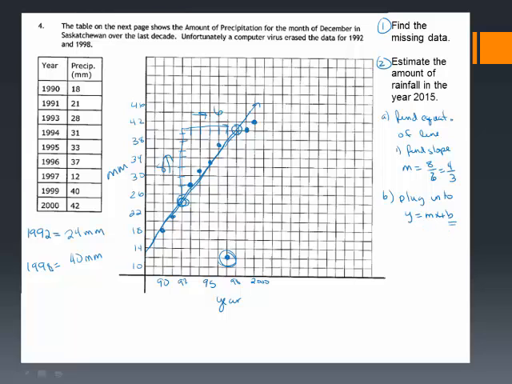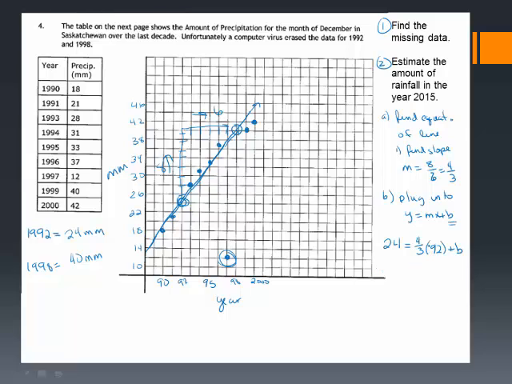Now I can pick either of these points as my x and y. Because I have 4/3, I'm going to pick, now neither of these divide evenly by 3. So I guess it doesn't matter. So I'm just going to say that 24 millimeters is equal to 4/3 of 92 plus b.